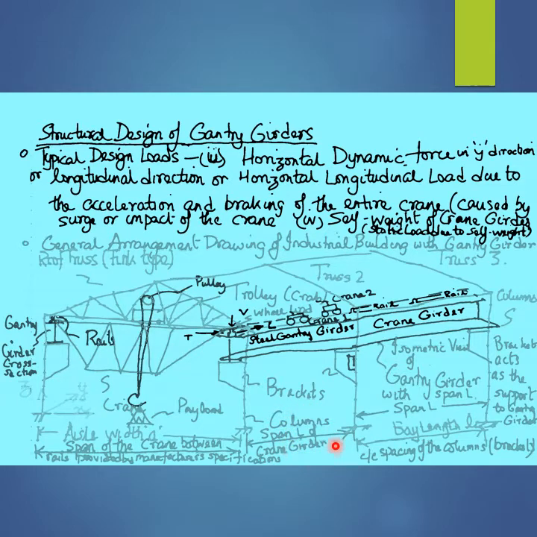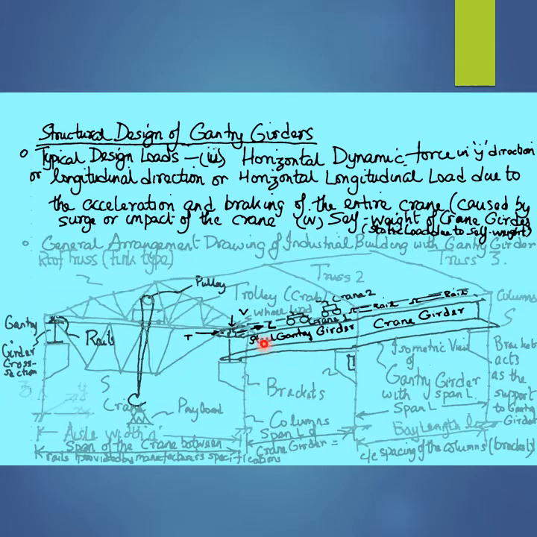The span of the crane girder or the steel gantry girder in this context, denoted as capital L, is the unsupported length of the steel gantry girder or the steel crane girder, as highlighted by the black ink in this schematic figure, between two adjacent supports.